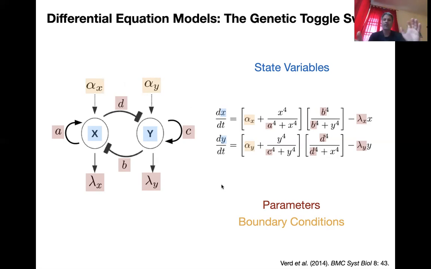Parameters and boundary conditions together are often counted as parameters of the model. But boundary conditions are parameters that are a little special, that specifically describe influences from outside the system or influences from the shape of the domain on which the system occurs.